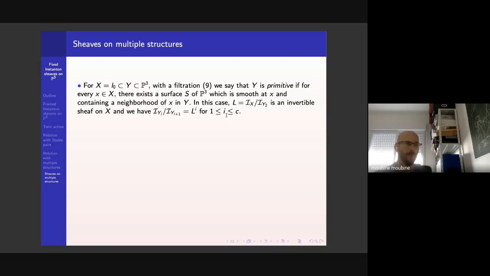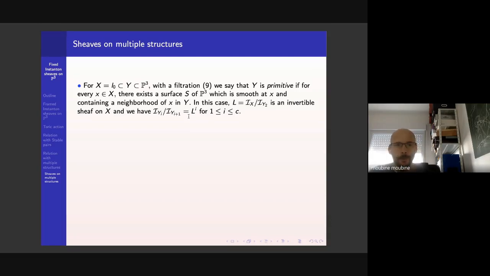So in particular, these are locally complete intersections. Okay, and in this case, the line bundle given by the restriction of the double structure to the simple one, this sheaf is a line bundle, and for every restriction from i plus 1 to the ith multiple structure, this is just the tensor power.